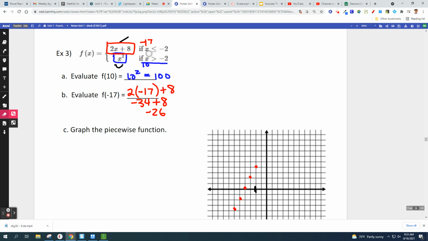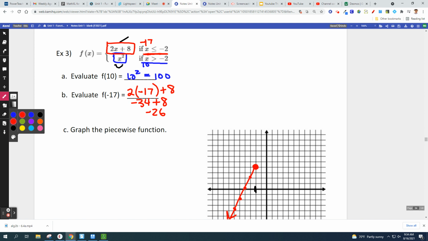It's going to be filled in because that says equals right there. I want everything that's less than -2, so I'm going to have this line right here. That's the piece of that function that is less than or equal to -2.